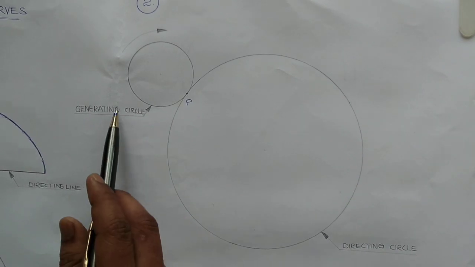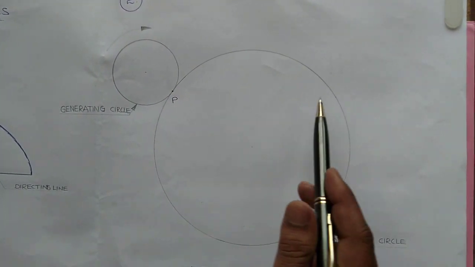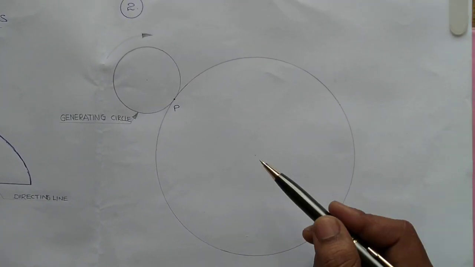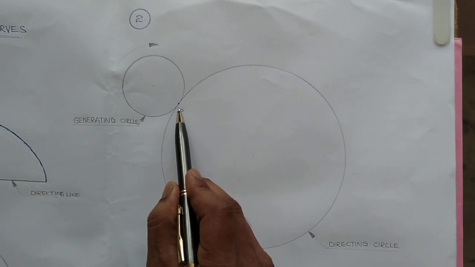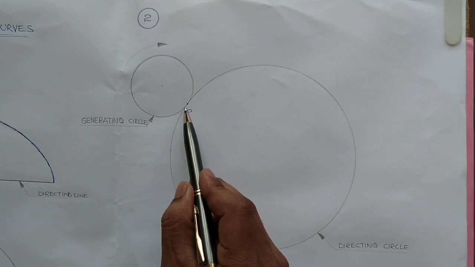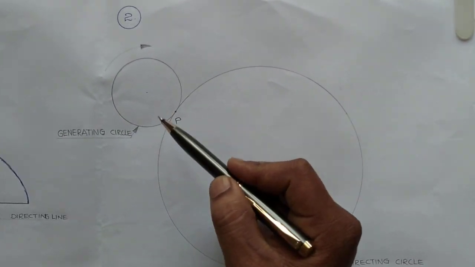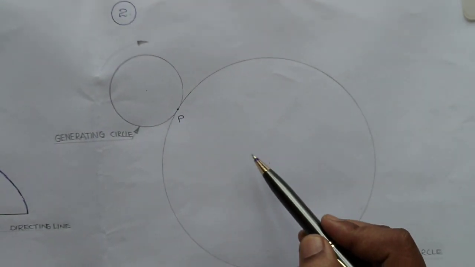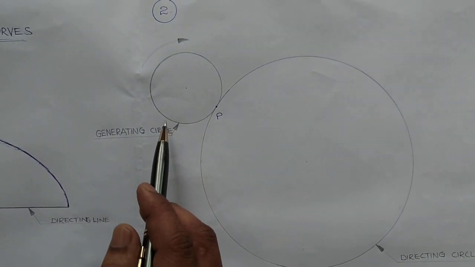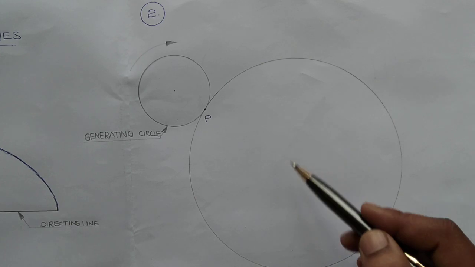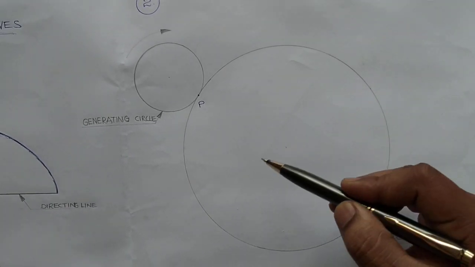That means the generating circle is rolling over the directing circle. At that time we can trace the path of the point P while moving the circle. That curve is called epicycloid. In a simple way, when the generating circle rolls over the directing circle, we will be getting epicycloid.